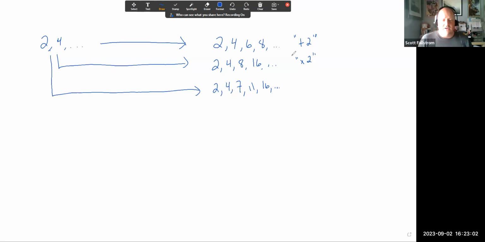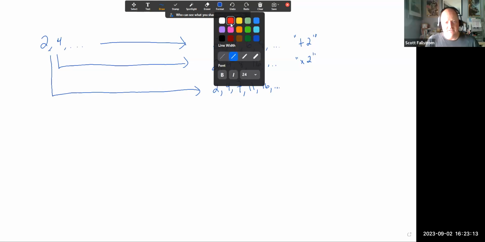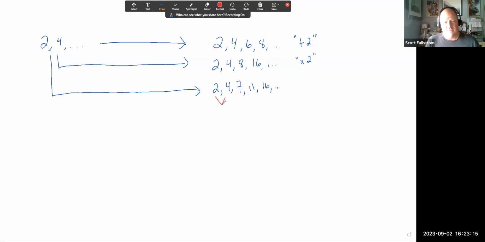They're all pretty nice. As you're looking at these, sometimes it's helpful to find patterns with common differences. We talked about that in class. If you found the common difference here, you'd see it was 2, then 3, then 4, then 5, and you say, this is not an arithmetic sequence because they're not all the same.